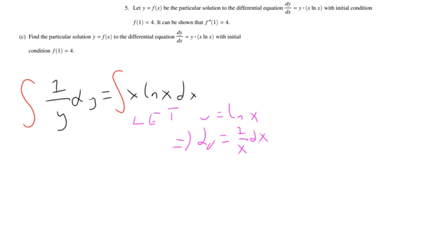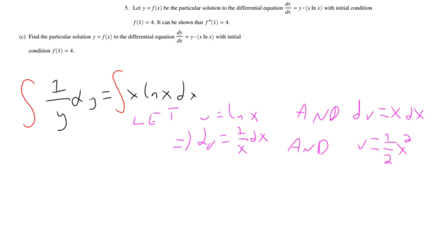And then my dv is going to be the x dx. And then when you integrate here, you'll get that v equals 1/2 x squared.